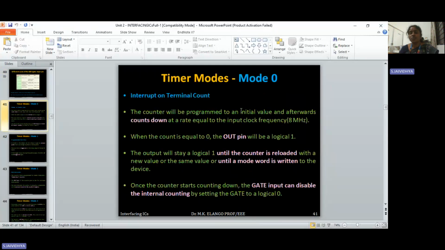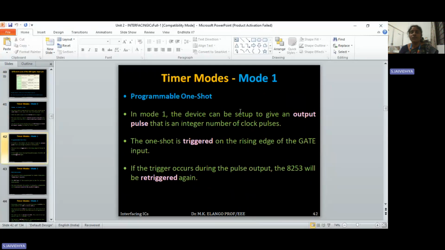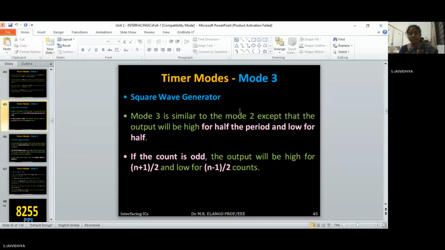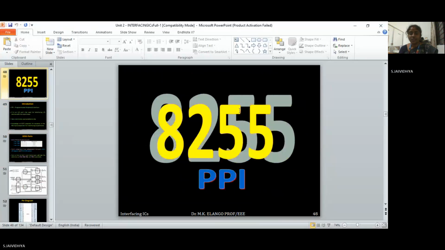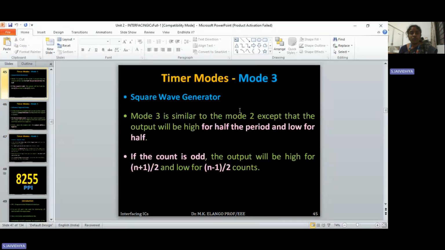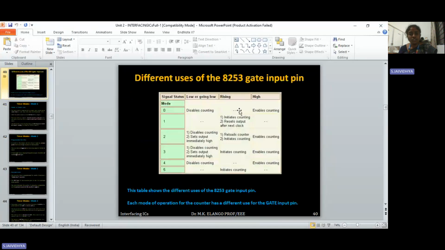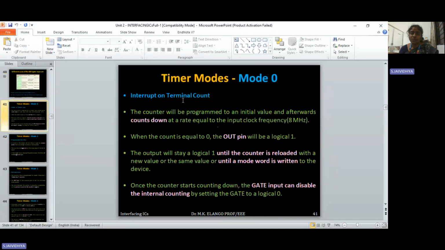There are various modes of operation, mode 0, 1, 2, and 3 up to 5. In mode 0, interrupt on terminal count happens. The counter is programmed to an initial value and then counts down at a rate equal to the input clock frequency, about 8 megahertz.